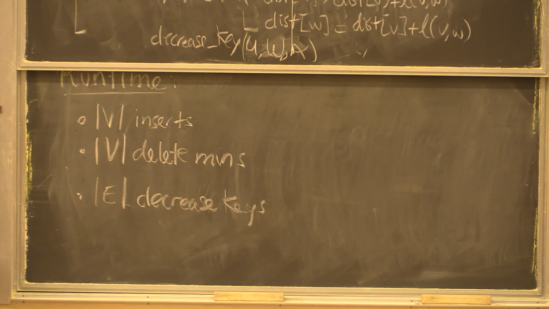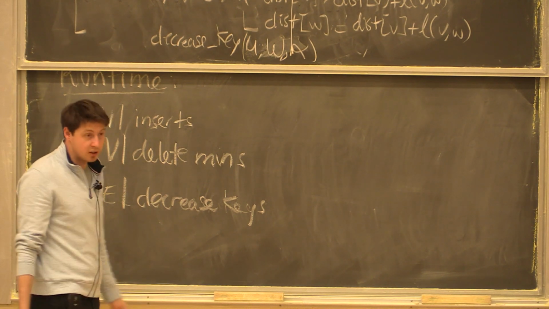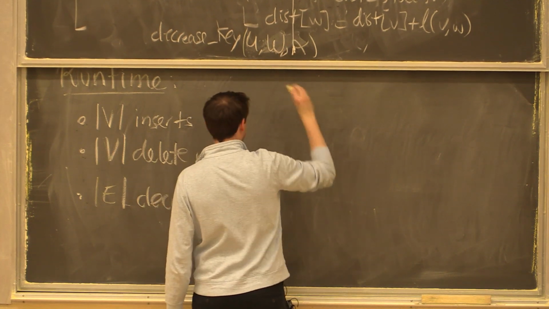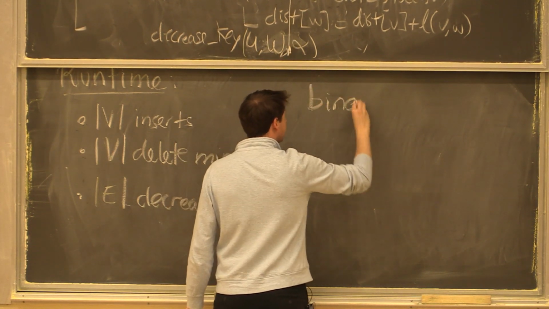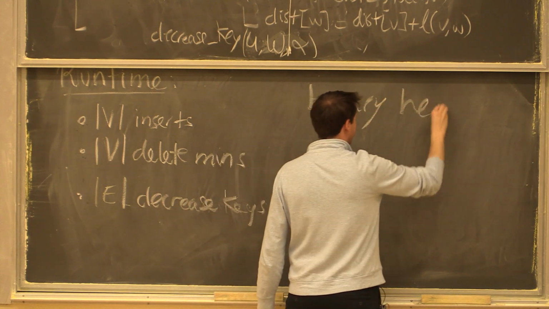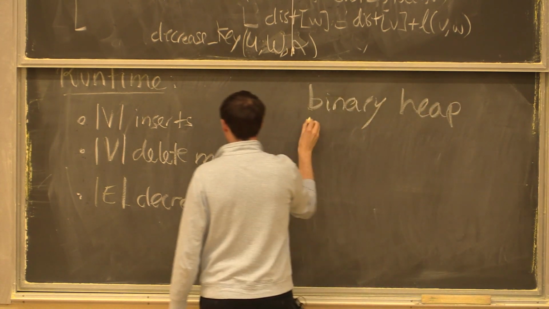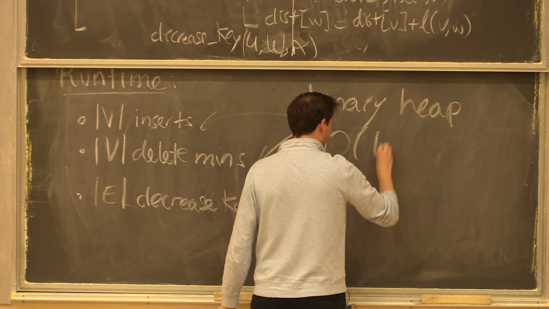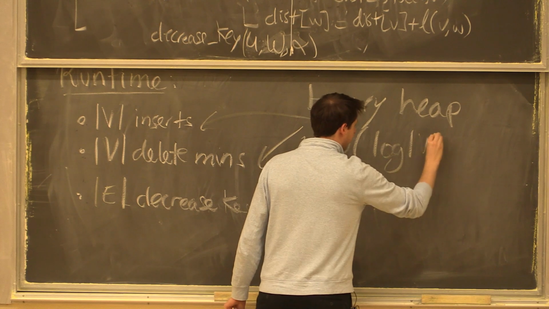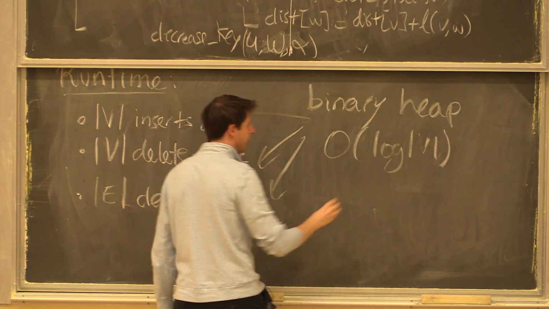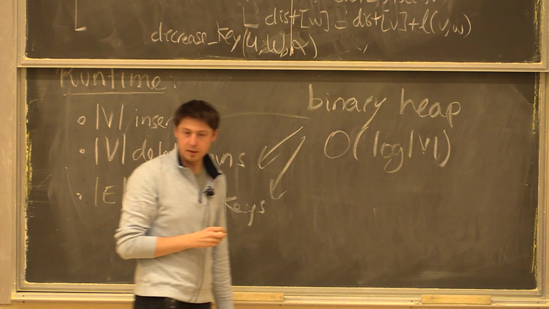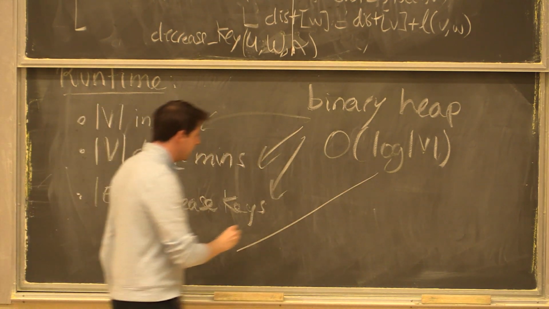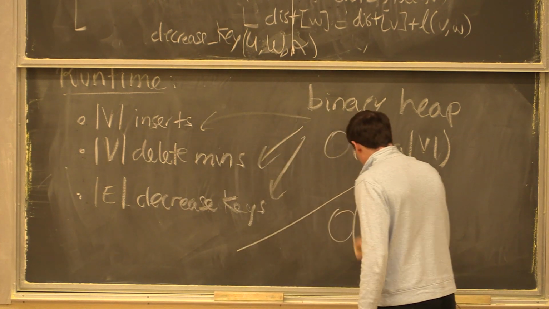This is not a data structure course, so I'll just say that there is a choice of priority queue, for example a binary heap, that we're not covering, and you can look it up yourself if you want, where all of these have worst case cost that is log size of V, the size of the queue. All right? So this means that overall, the cost of this algorithm is going to be what?